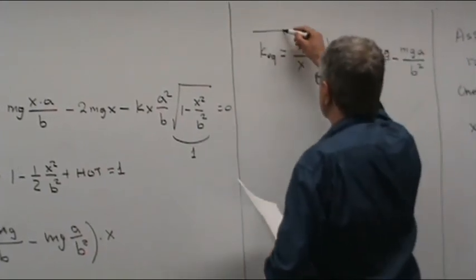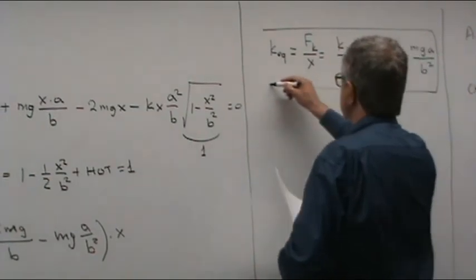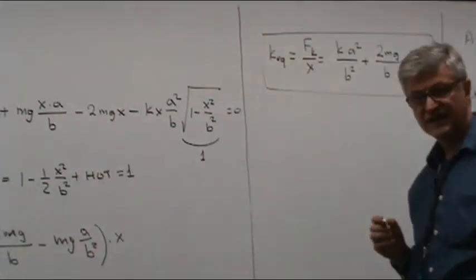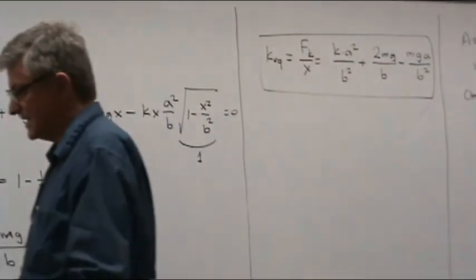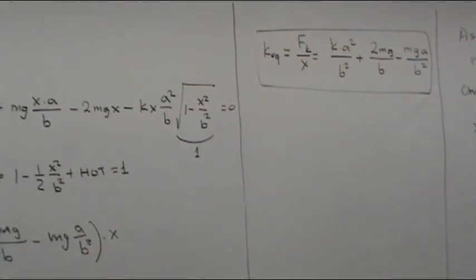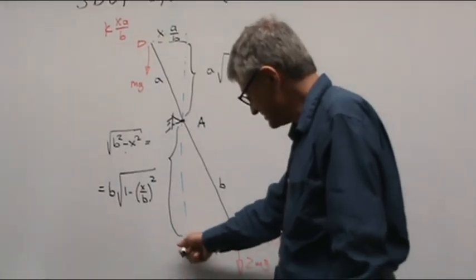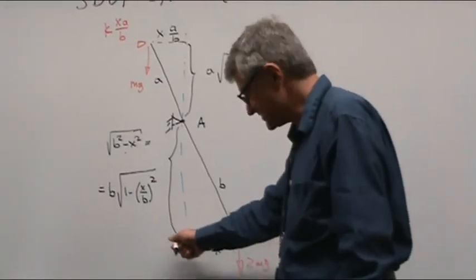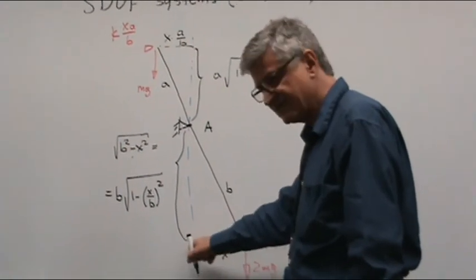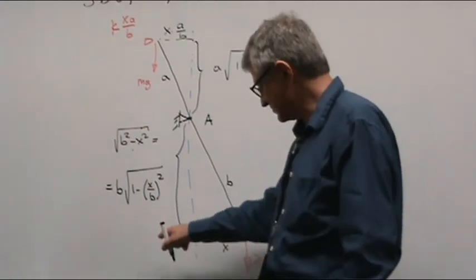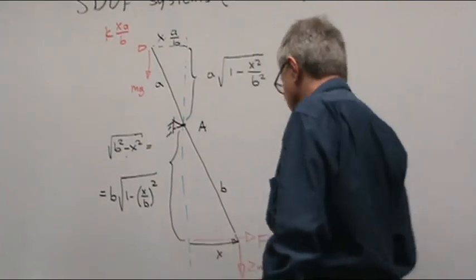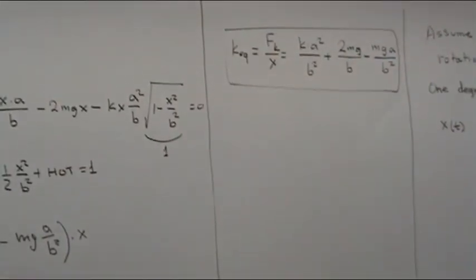So this is K equivalent. So if you wanted to represent this whole system by just one point, that you have a mass, a stiffness, and a damper, well, the spring that would connect this point to the wall would be equal to this value K equivalent. Okay?